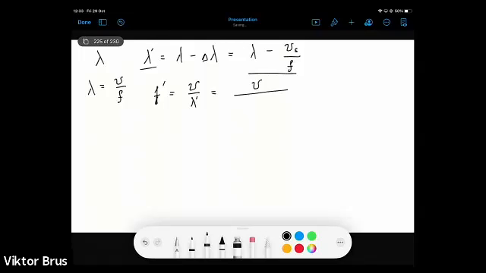It is given by this equation: lambda minus V source divided by frequency.